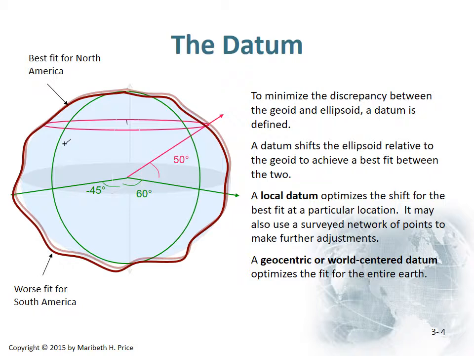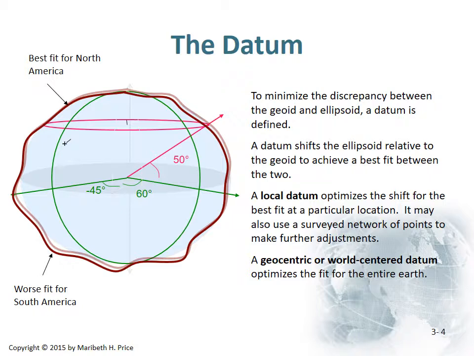And that local datum may be far better at describing that particular area than the global data set does. So you have a choice when you're dealing with different data sets and start thinking about coordinate systems to use.